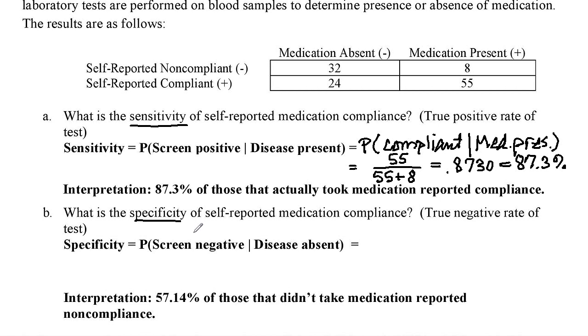That's called a true negative, and your sensitivity is sometimes called a true positive. In our context here, disease absent is medication absent. So this is a conditional probability, given that medication is absent.